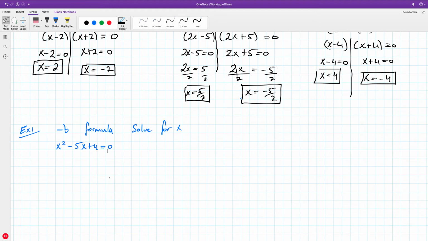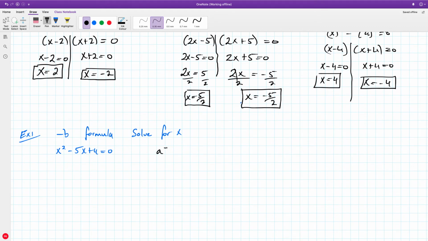So if you look up for a second, I'll see if you're putting in the figures right. So you have x squared minus 5x plus 4 is equal to 0. A should be 1. B should be equal to minus 5. And C should be equal to 4.